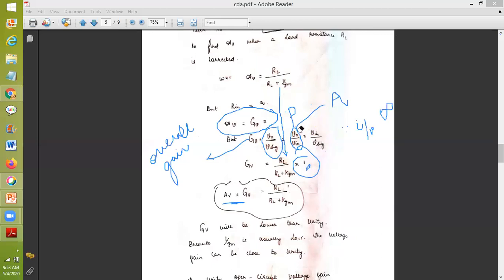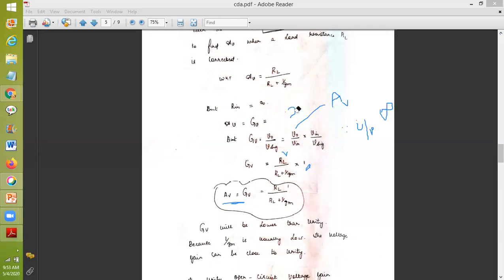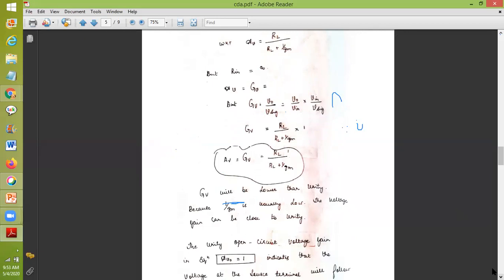Next, what we have to do? We have to study the characteristics of this common drain amplifier.